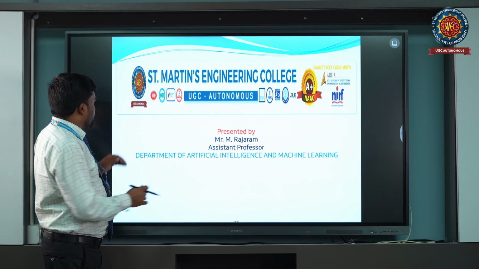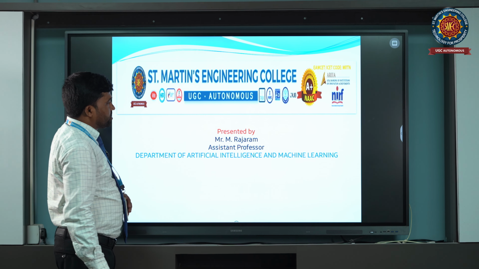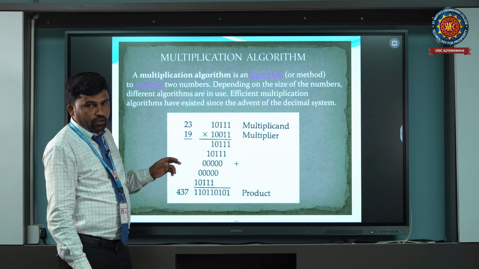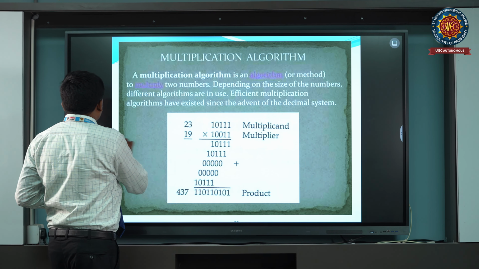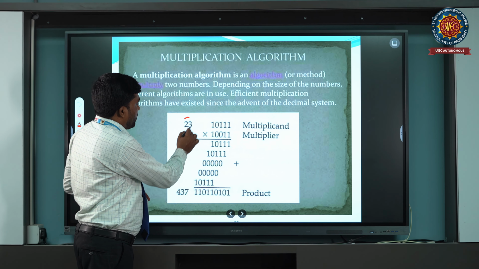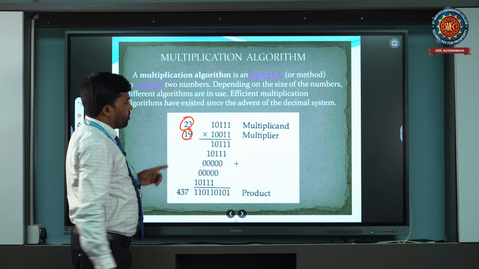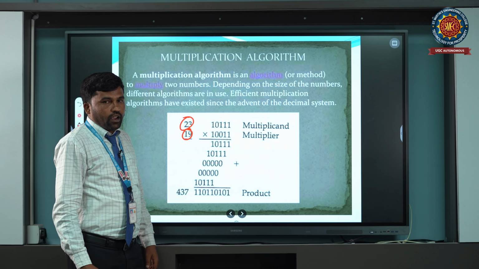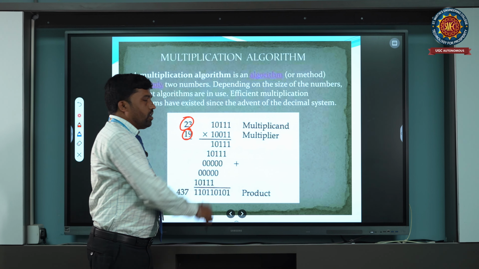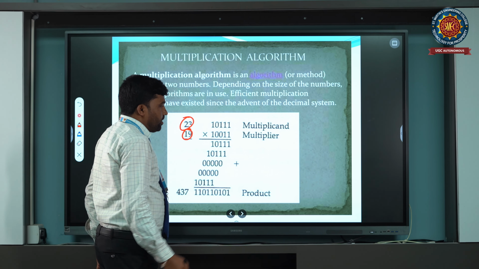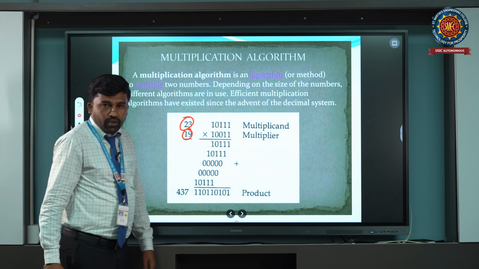So here we first discuss general multiplication in computer architecture. This is the general multiplication. Here we are taking two example numbers, 23 and 19. 23 is converted to binary, that is 10111, and 19 is converted to 10011. 23 is called the multiplicand and 19 is called the multiplier.